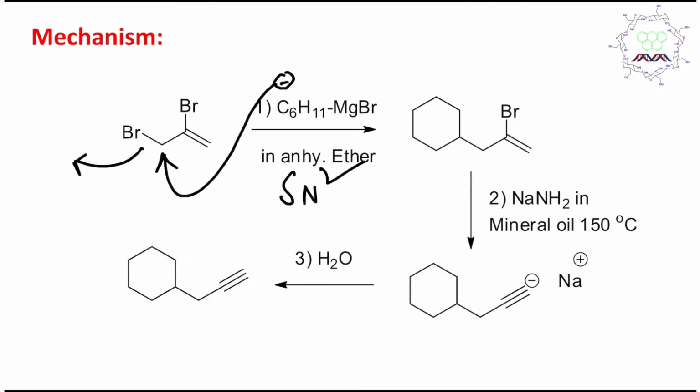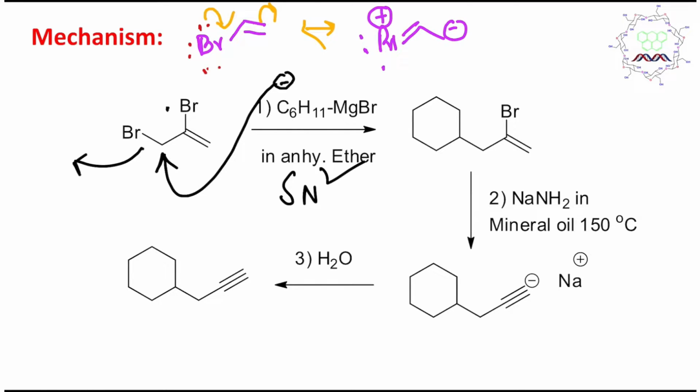One piece of information you should know is that the vinyl halide bond, this C-Br bond, is relatively stable. Why? Because the lone pairs of bromine can make a conjugation, so it can push and open the double bond, producing the bromo group with a plus and the carbon with a minus.